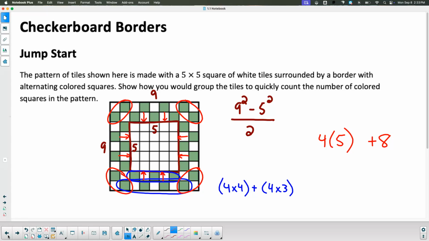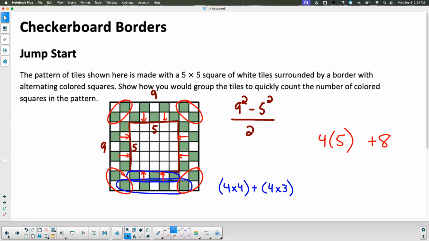There's 2 away each side. Because the border is 2 squares too wide, right? The border all the way around is too wide. So we had to add 2 on this side and add 2 on this side, right? And so that got us n plus 2 plus 2, which is what?